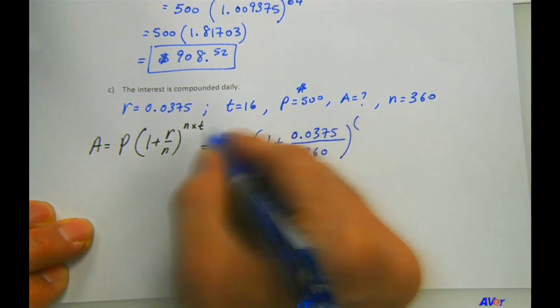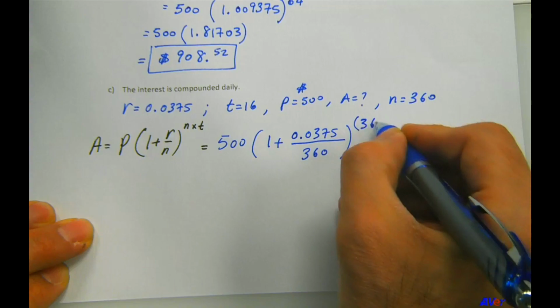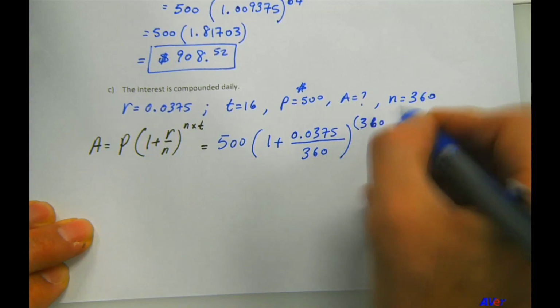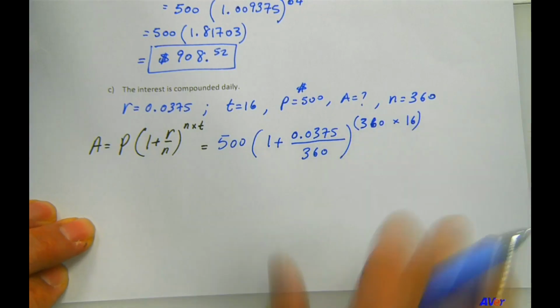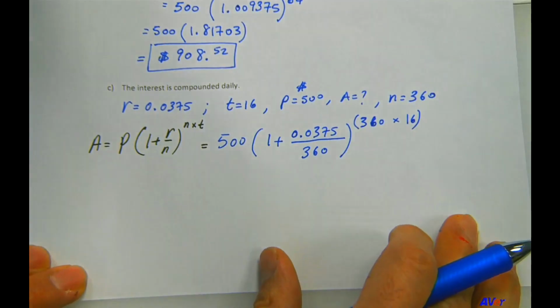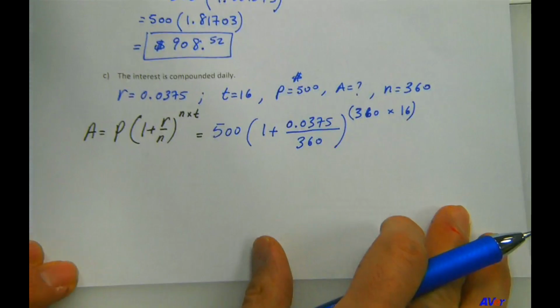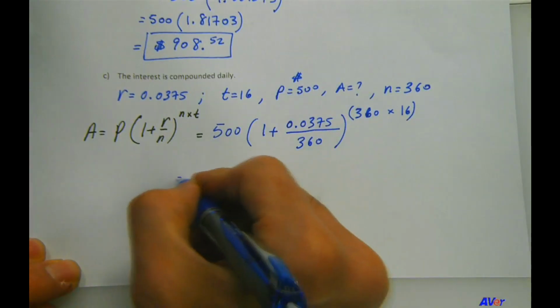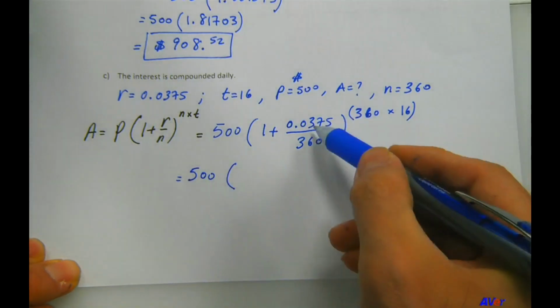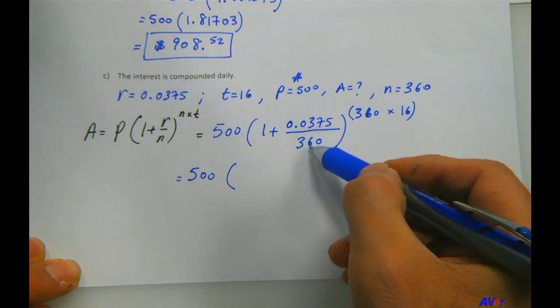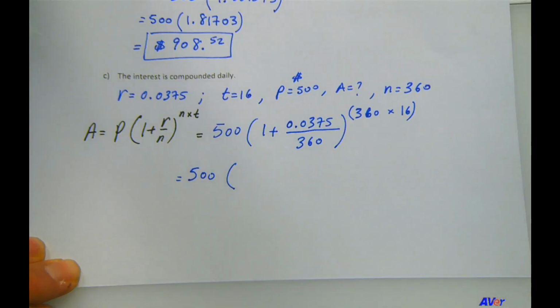Then in the power we have 360 times 16, which is the number of years over which this money is invested. Okay, so let's observe the order of operations. We have 500. Let's divide 0.0375 by 360 and add to 1.